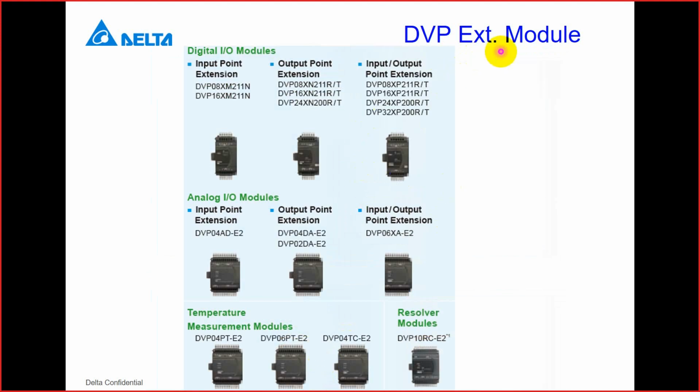And here is for the EX and the ES PLC I/O module. And again, just remind you to check here. This one is the input, ES output, then for mix, and AD, DA, XA.